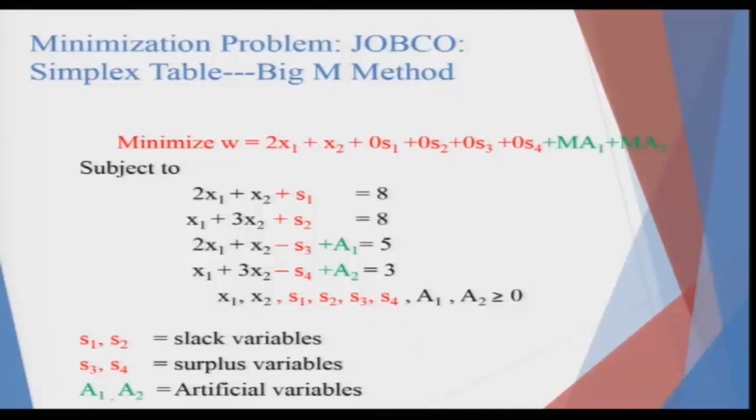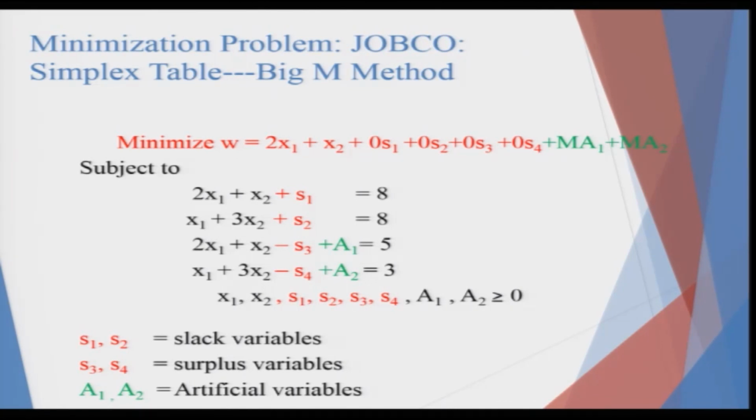Similarly, the third constraint would be 2x1 plus x2 plus 0 into S1 plus 0 into S2, because S1 and S2 do not correspond to the third constraint. Continuing, it will be minus S3 plus 0 into S4 plus 1 into A1 plus 0 into A2 is equal to 5.